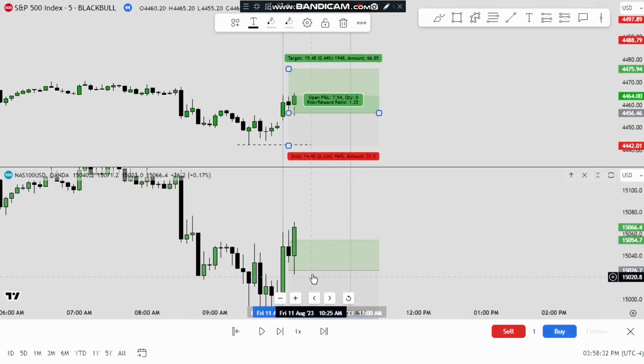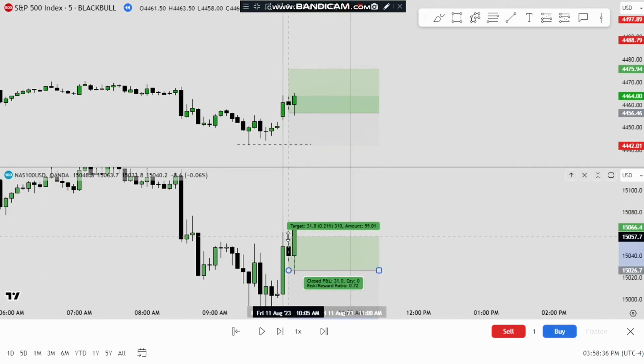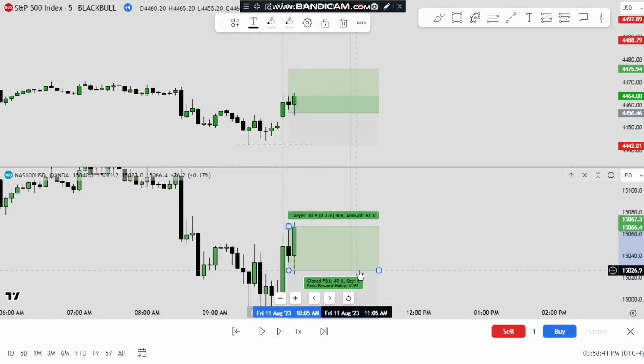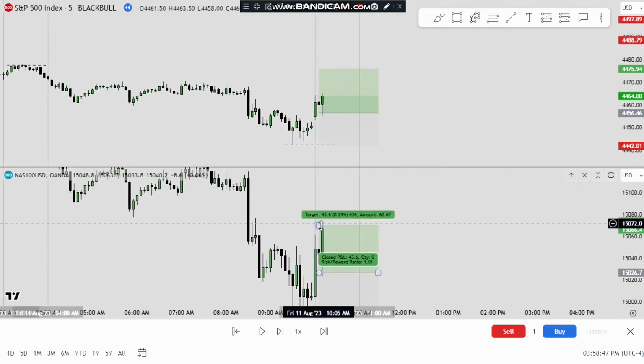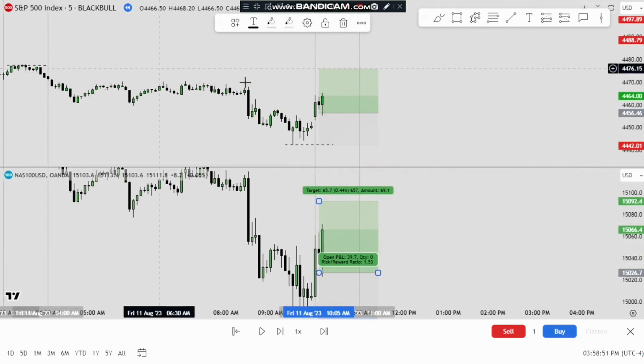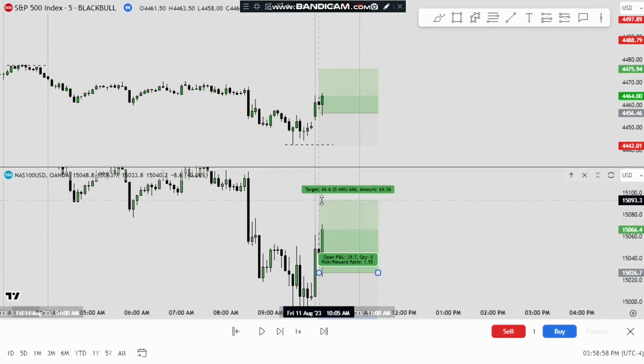In this case 76, and in this case we can target, like we entered around 15.30. This is Nasdaq. In this case you will target 40 handles, okay? Like in S&P you can target 20, and in Nasdaq you should target 40, okay?